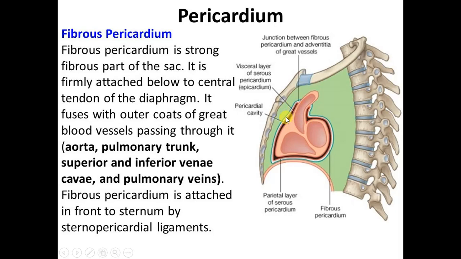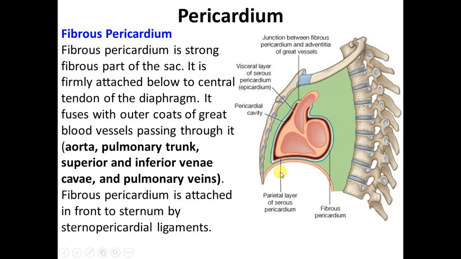One is along the fibrous pericardium, that is the parietal one, and one is along the surface of the heart, which is the visceral layer of pericardium. Between the parietal and visceral layers is the pericardial cavity. The fibrous pericardium anteriorly may be attached to the sternum by the sternopericardial ligament.